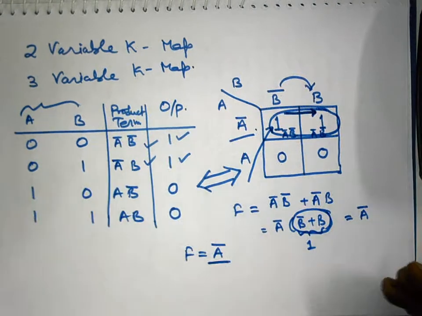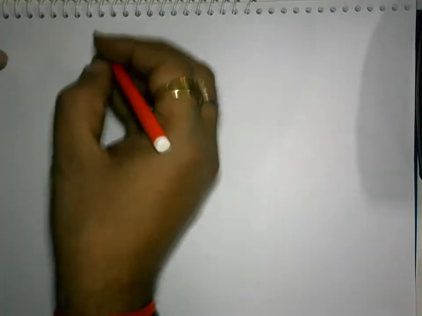Okay. So the same problem I am taking for the 3 variable map. Yesterday I discussed the 3 variable truth table also. So let us draw that truth table once again and discuss what will be the mapping of that table.